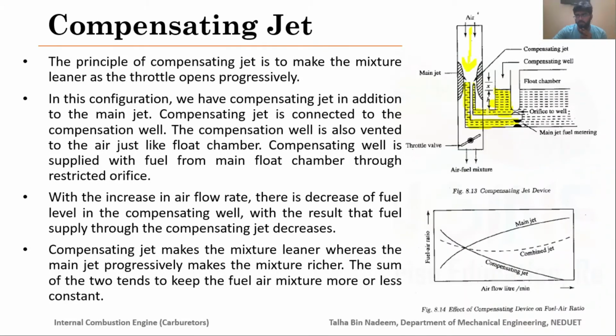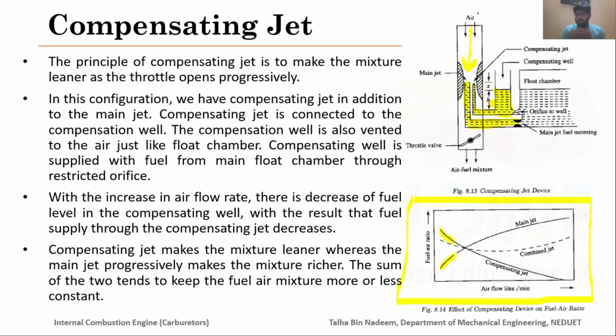So initially here in this graph, in this figure, you can see that when we have low air flow rates, the flow from the compensating jet is higher, whereas the flow from the main jet is lower, and that is because of the difference of the diameters between these jets.